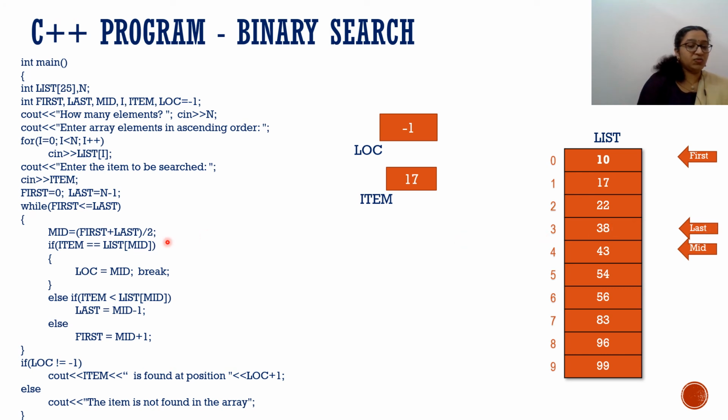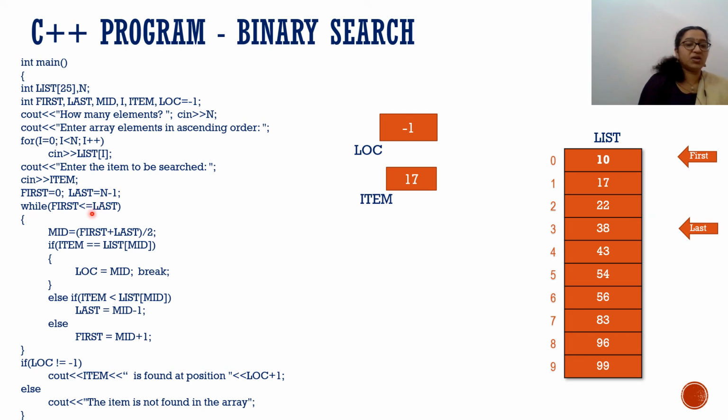Next, we set this last value and the while loop's closing brace is there. So we move on to the test expression again. Is first less than or equal to last? Yes, first is at 0, last is equal to 3. So it is less than.